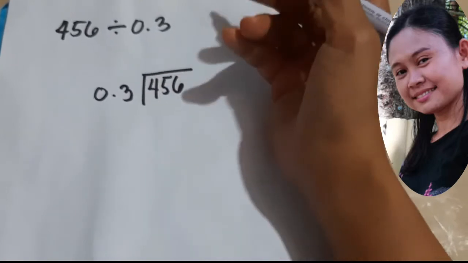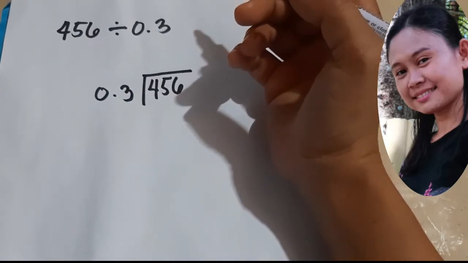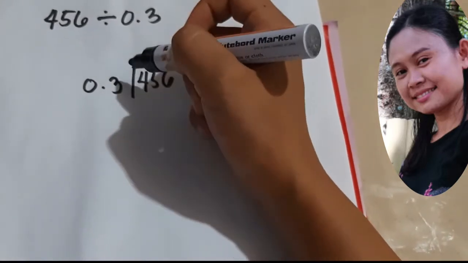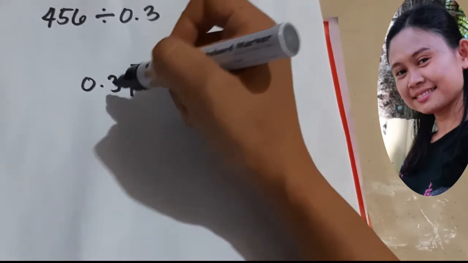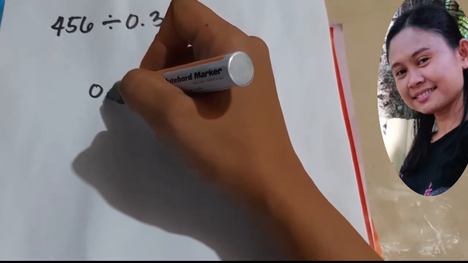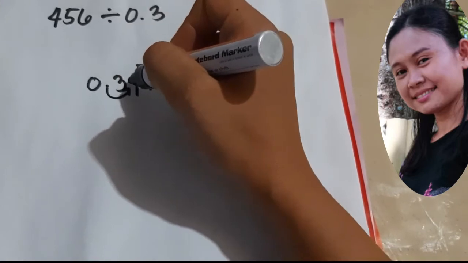Now, when you're going to divide decimals, we must make the decimal number into a whole number. We need to move this decimal to the right. That is the pattern.